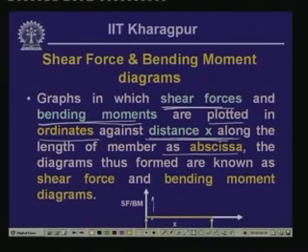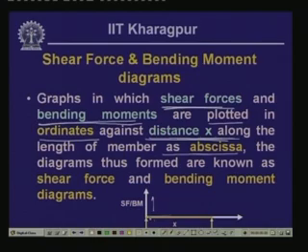Then the graph which we get gives us the plot, or the variation, of the shear force and the bending moment along the length of the beam, and those graphs we call the shear force and bending moment diagram. So, for convenience, suppose we have a simply supported beam.